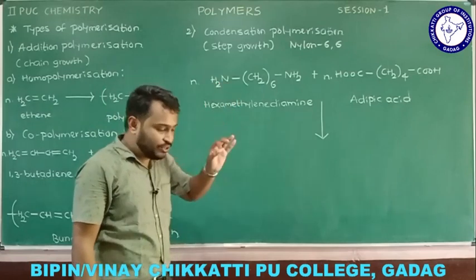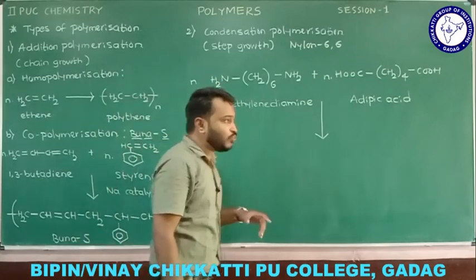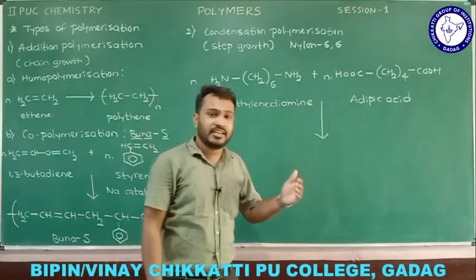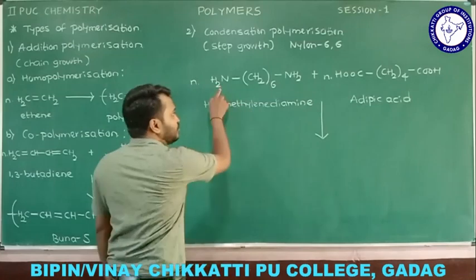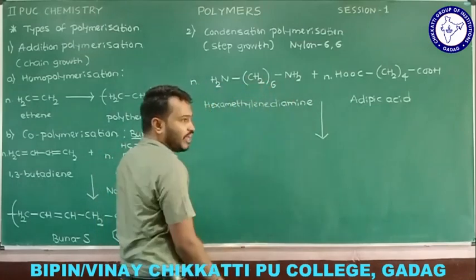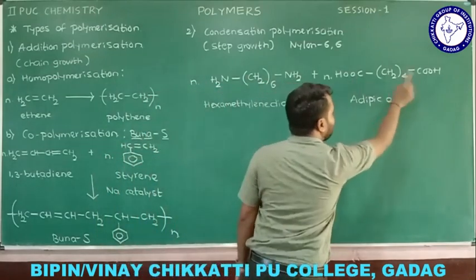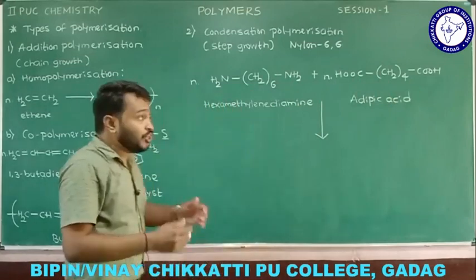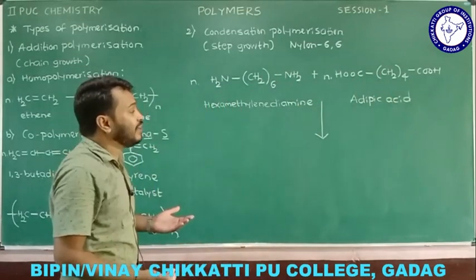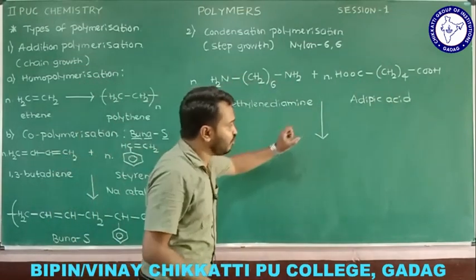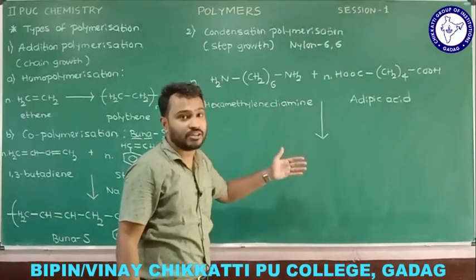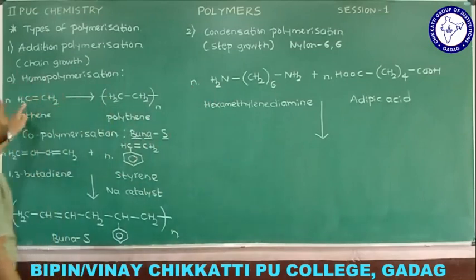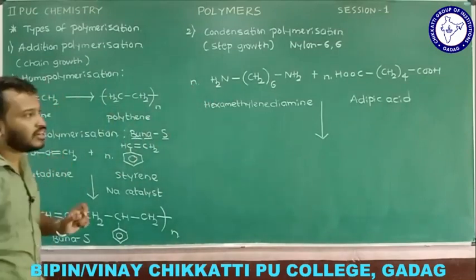Okay, and try to know what kind of monomers we have. The main condition is the monomer should be bifunctional or trifunctional. NH2 group, NH2 group, two functional groups we have, and here also COOH, two functional groups we have. So you can imagine that, and we may think that from these monomers we are going to get condensation polymers but not addition. Whereas in case of addition, you should have carbon-carbon double bond or carbon-carbon triple bond.